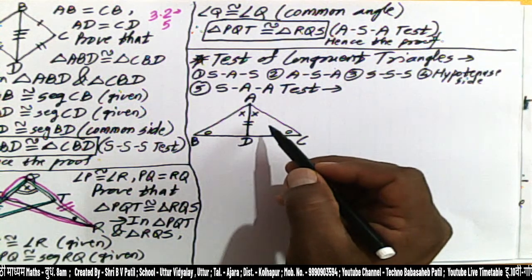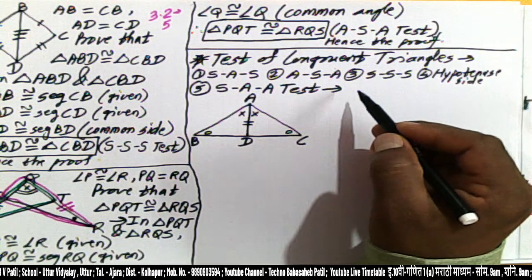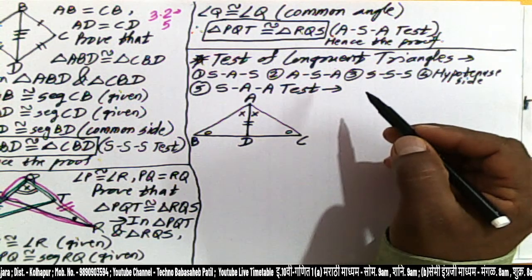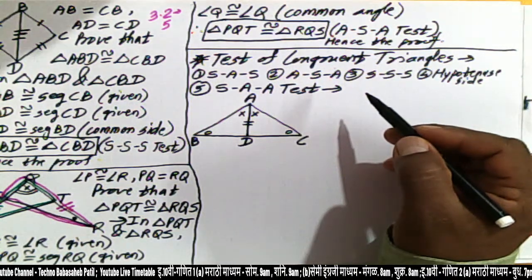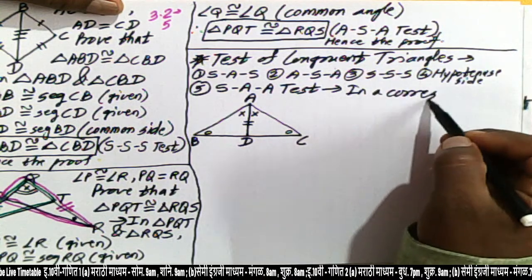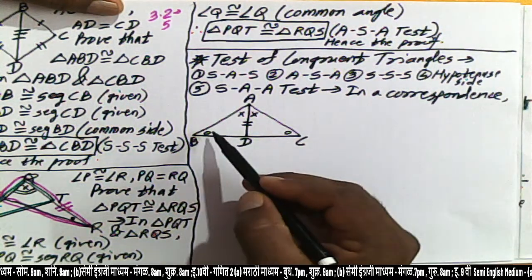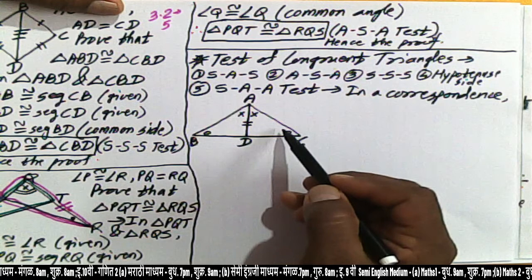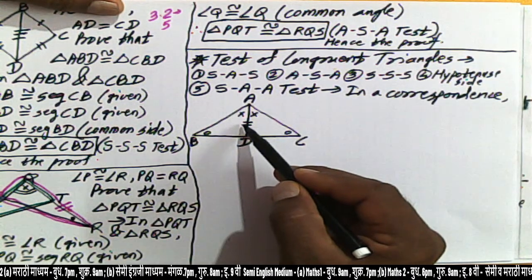In both triangles, as for one-to-one correspondence, in a correspondence two pairs of angles are congruent and the side opposite to any one.